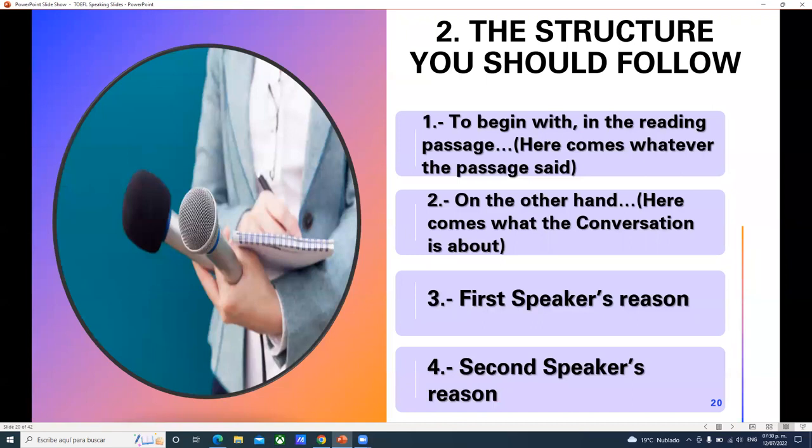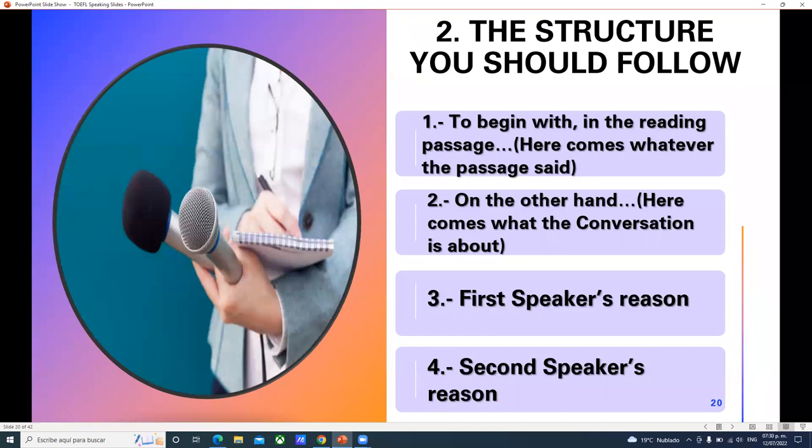So what you have to do in all your responses, remember that this was something I was commenting on with another student. Remember that there is just going to be 1 second task you're going to be able to respond to in the TOEFL exam. That is to say, you're not going to take this specific task twice or 3 times or 4 times. No, you're just going to have 1 second task.